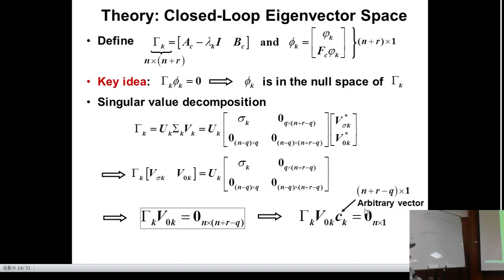All right, so I have an arbitrary vector. That means I can choose any combination. Okay, so Vk can be V0k times ck. That means what?